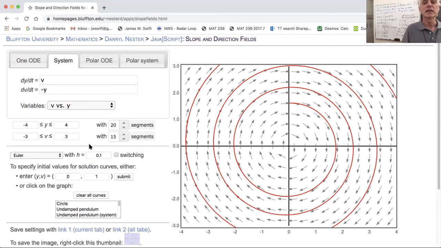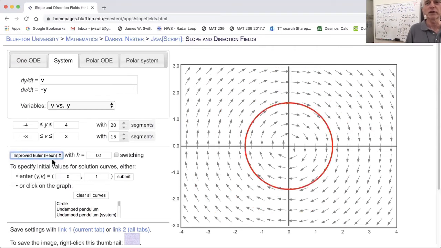The problem is that we're using Euler's method. And if you remember the scan I did from Hidden Figures, the scan was not Euler's method, it was for improved Euler's method. If I use improved Euler's method instead, it actually looks like it's going around in circles.